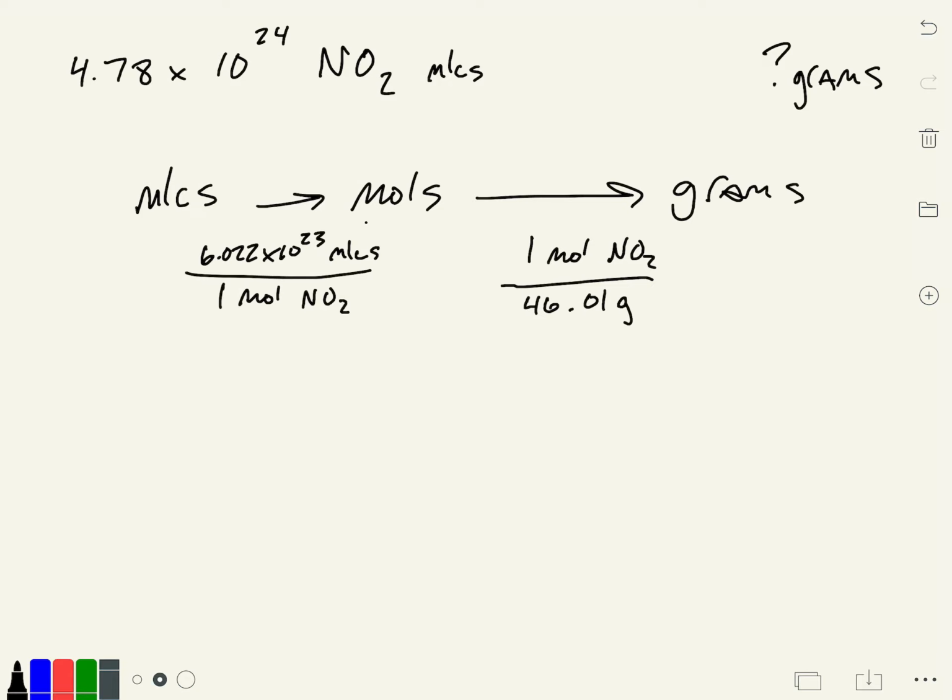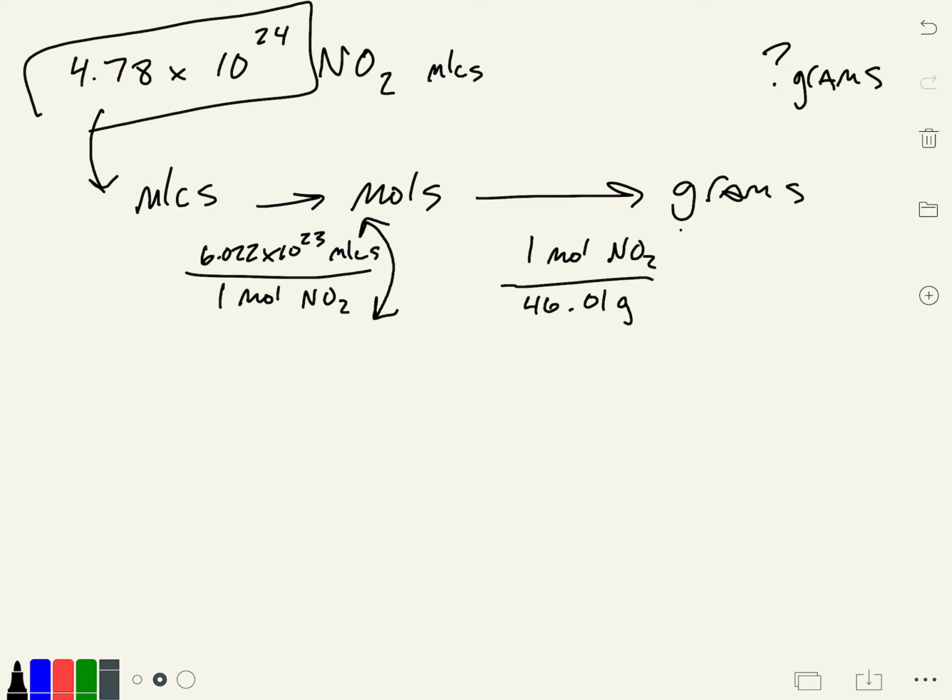So let's do the math. Actually, you guys do the math. I've just helped you set it up. Let's make sure that these are written the right way. They're not. This conversion factor needs to be flipped, so that we can use this number and cancel molecules out to get just moles.